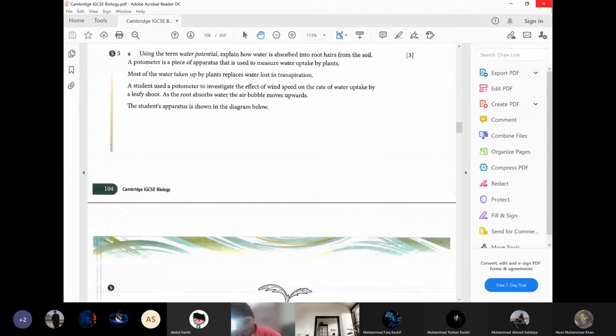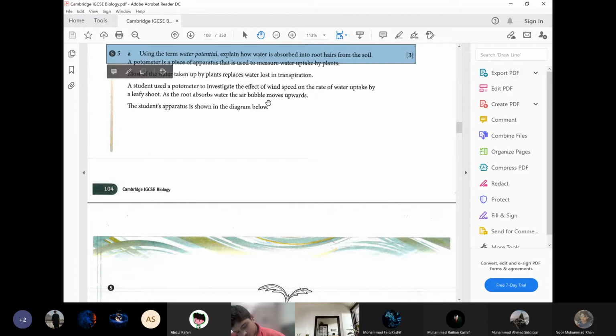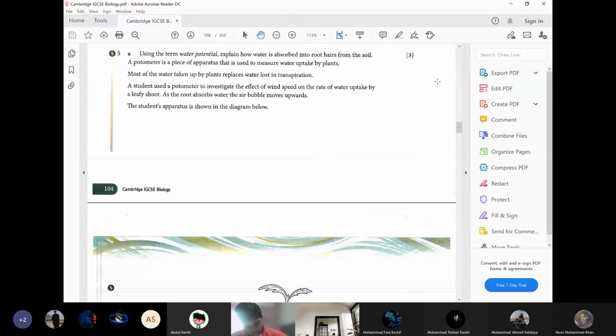Using the term water potential, explain how water is absorbed into root hairs from the soil. What is he asking in this question? How water is absorbed.